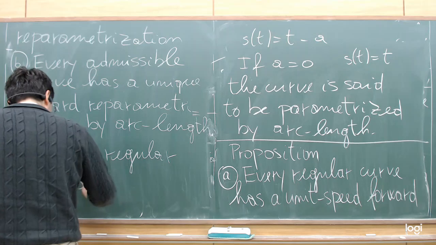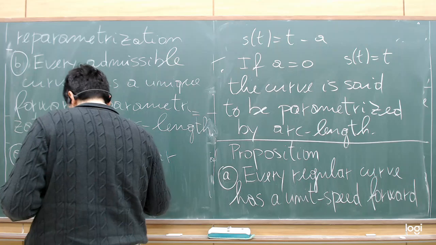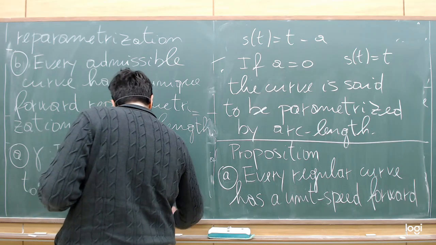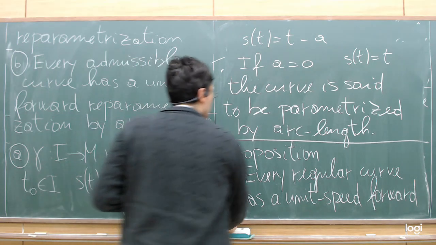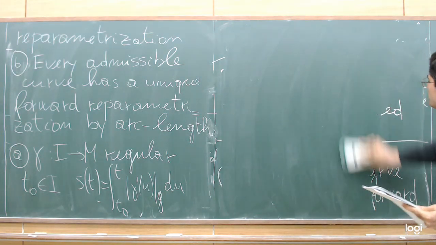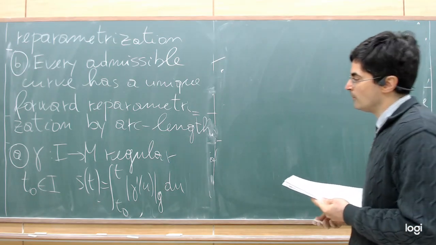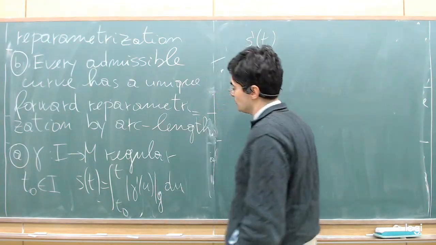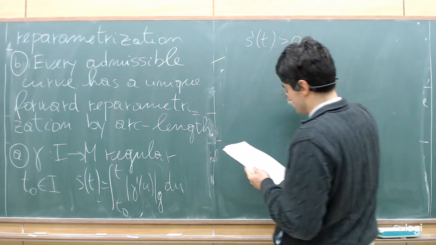Then we can define S of t equal to this integral from t0 to t. By the fundamental theorem of calculus, it follows that S prime of t, which is equal to this function evaluated at t, is positive.